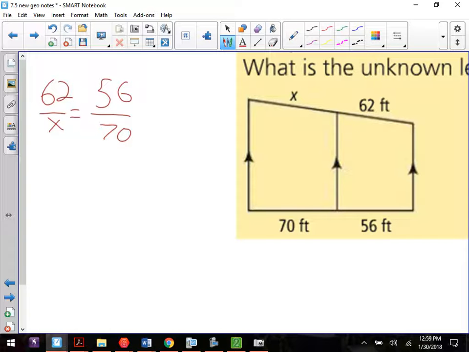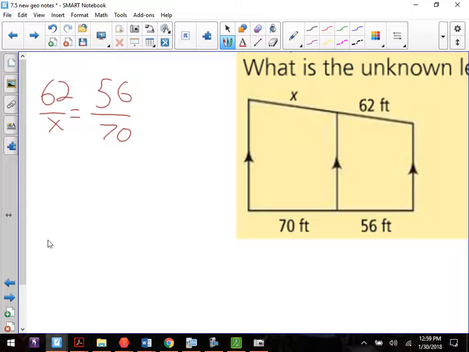Or if I look the other direction, isn't that x over 62, which happens to be 70 over 56? It doesn't matter, and that's the whole point. It doesn't matter which direction you tilt to look where that fraction bar is being placed. Okay? It is the cheesiest way to do this, but it works.